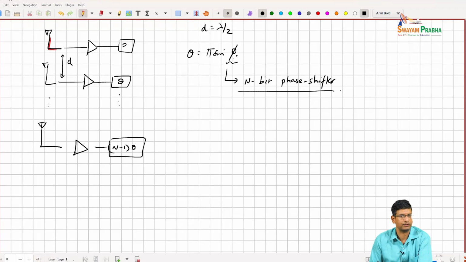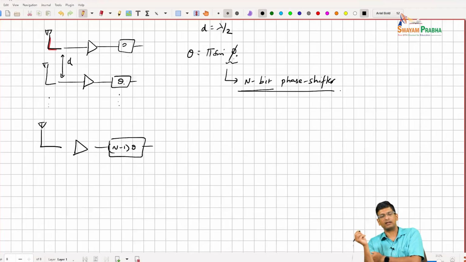This is the phase shift that I am providing, right? So since I am implementing only an n-bit phase shifter, each of these wants a certain phase, and I will be making a slight quantization error because my phase shifter only has some finite resolution, right?